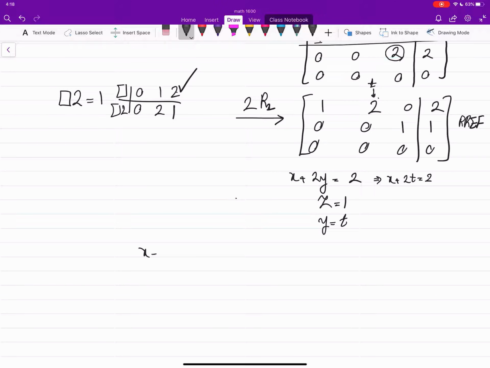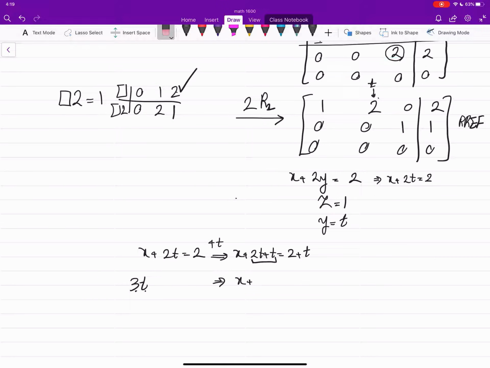Well, you may say, add both sides by negative 2t. I don't want to use subtraction or a negative sign there. Instead, if I add both sides by t, this will be x plus 2t plus t equals 2 plus t. x plus 2t plus t is x plus 3t, but 3 times anything gives a multiple of 3, and that is 0 in Z3.